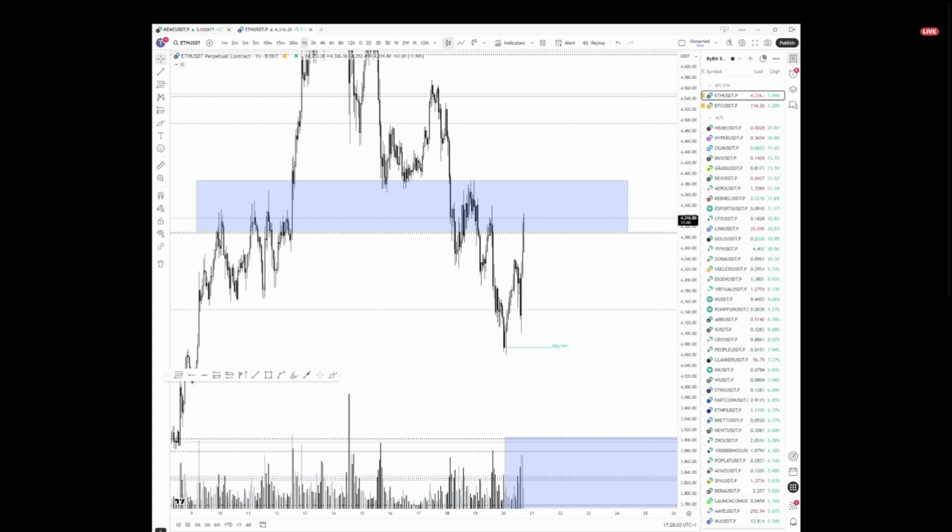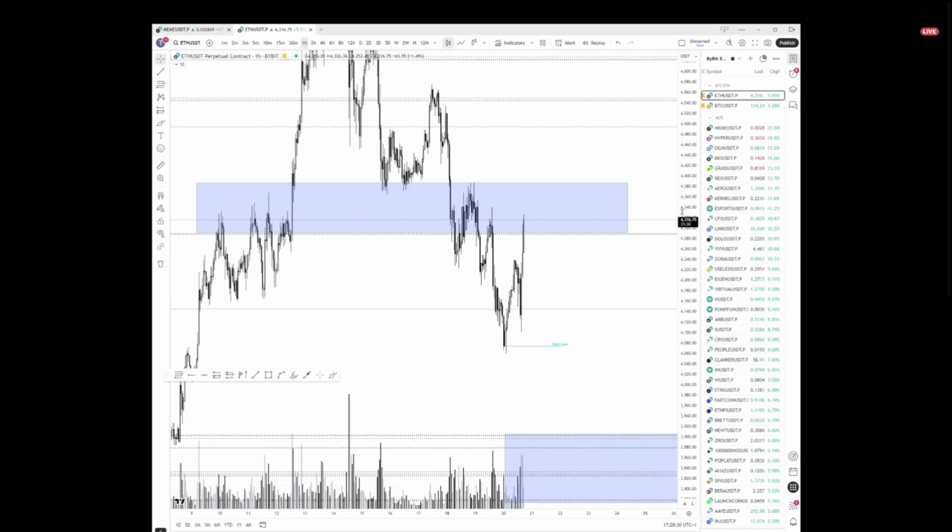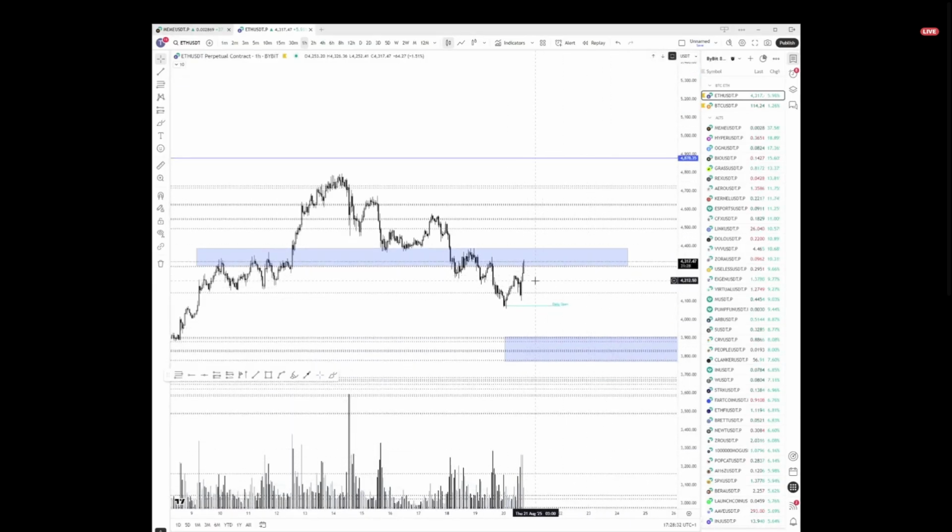I try to not predict what the market's going to do. I think when you try and predict what the market's going to do, you give yourself a bias. So what I prefer to do is have my zones, have what I want to see, and if it happens, take the position. It's just easier mentally not to try and predict the market, and just if you get a trigger, pull it.